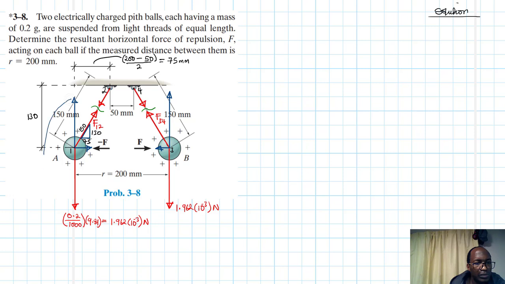Therefore, this one is equal to F12 by the rise, which is 130 divided by 150, and this one is F12 by the run, which is 75 divided by 150.